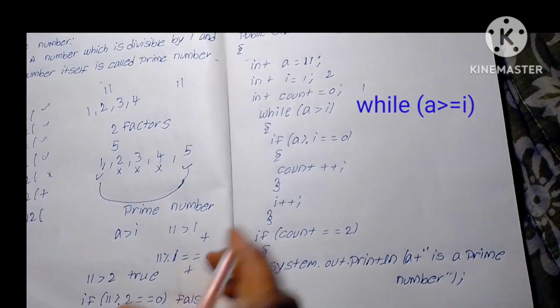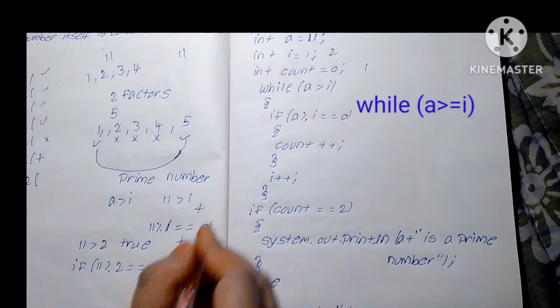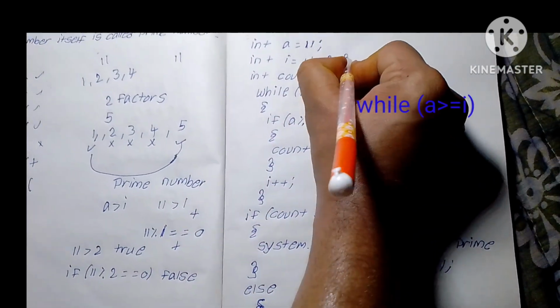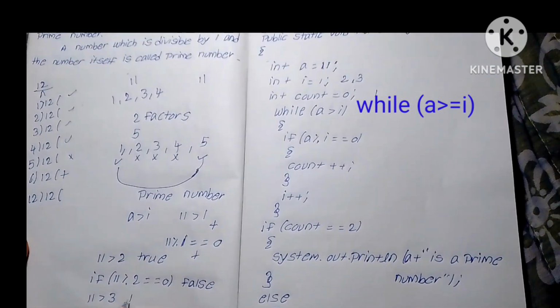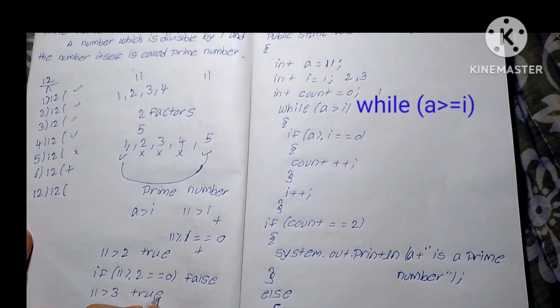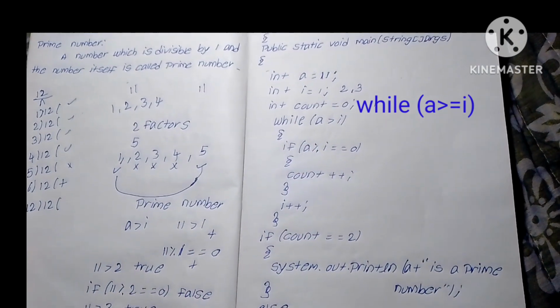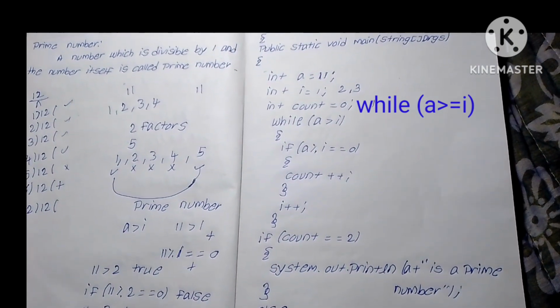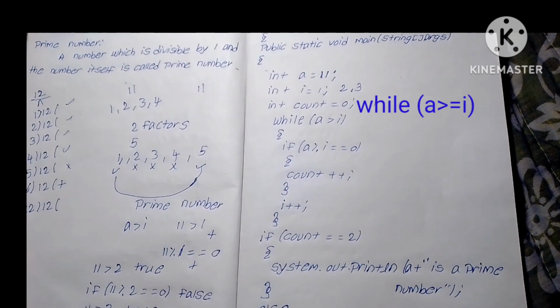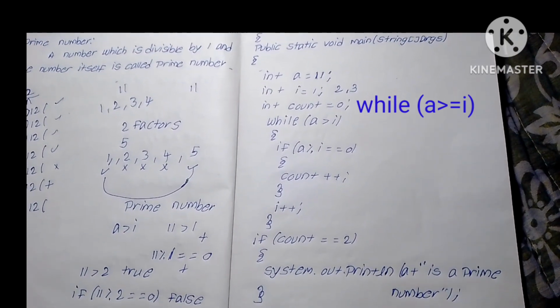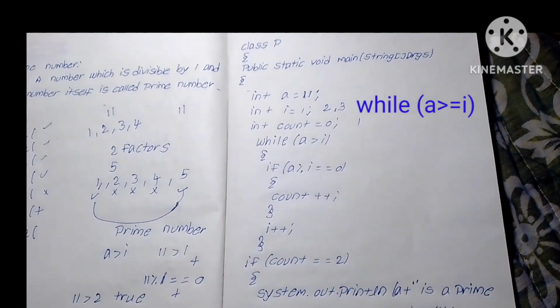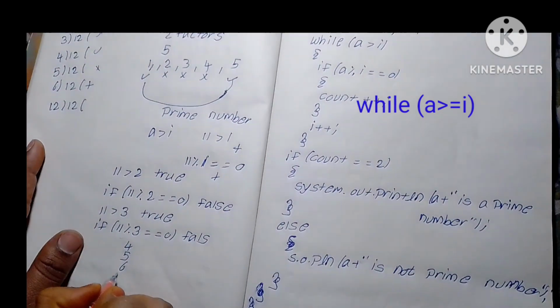When the if condition is false, the if block does not execute. When the while loop condition is false, the while loop does not execute. Again I'm going to update i value, it becomes 3. 11 modulus 3 is equal to 0, which is also false. It becomes false for every updation until it becomes 11.